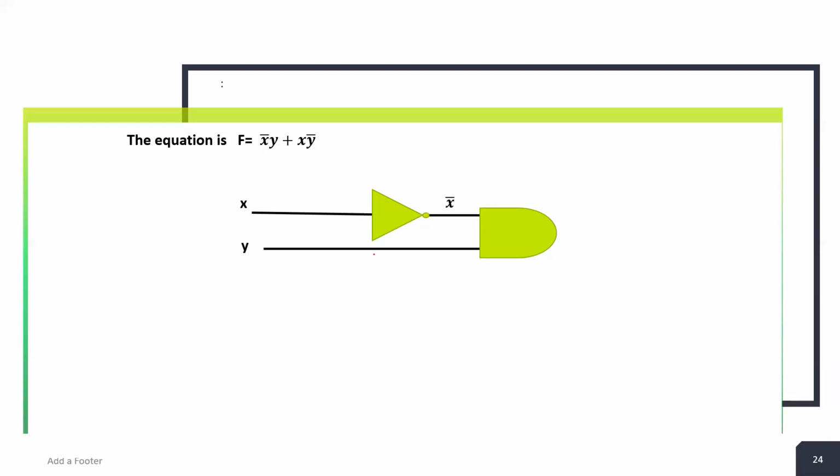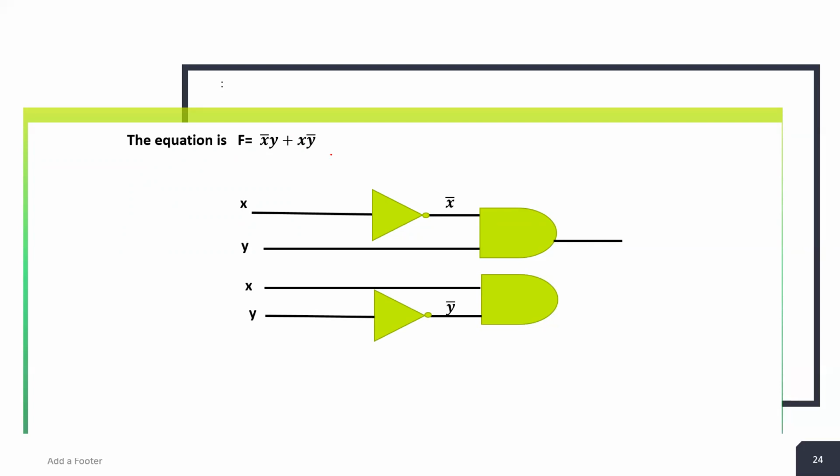A similar case: we take another AND gate for this part of the equation. Here X is simple, but Y is the complement. So Y is connected with a NOT gate, and then we get complement Y. Clear?